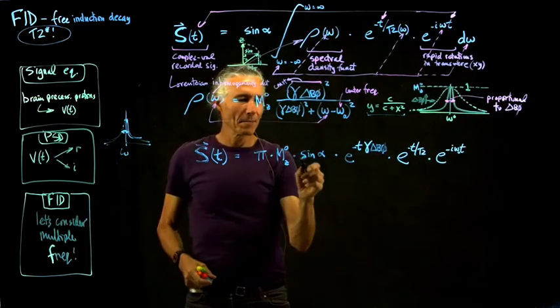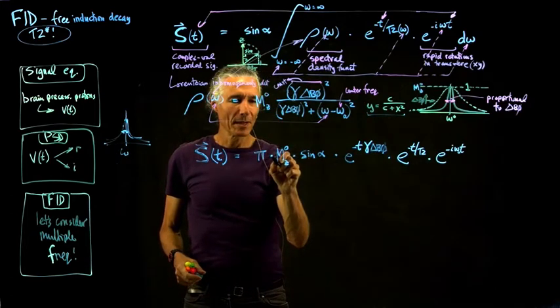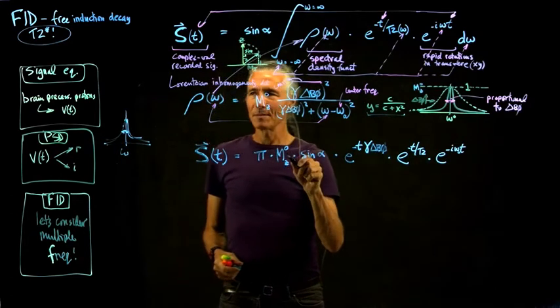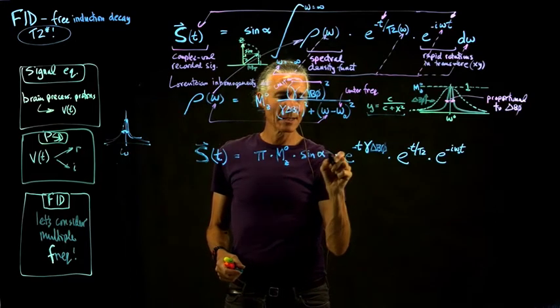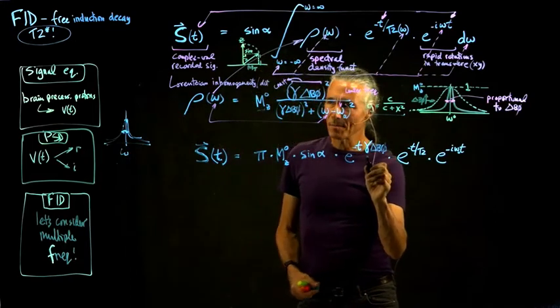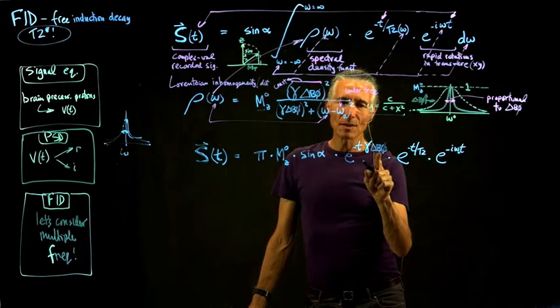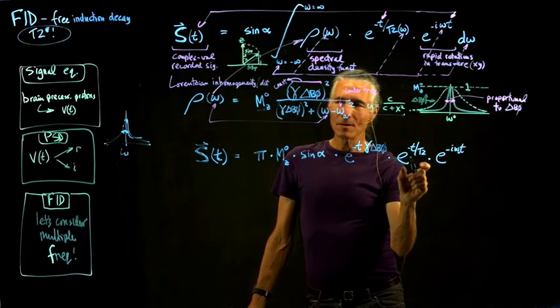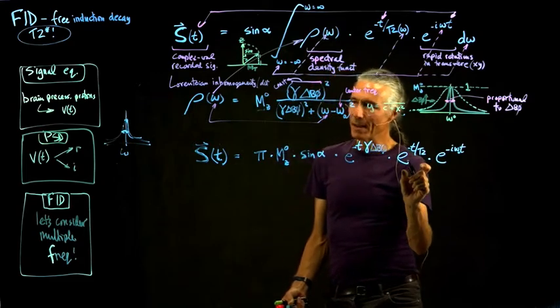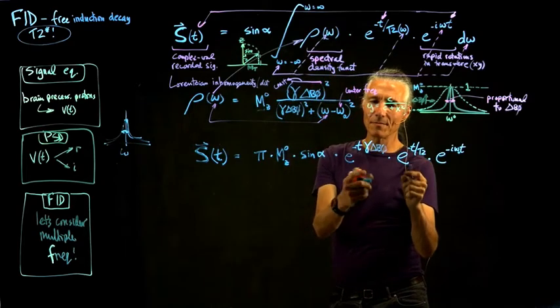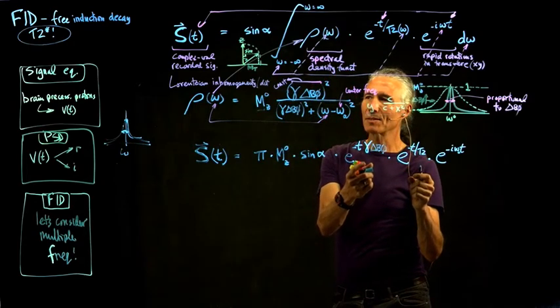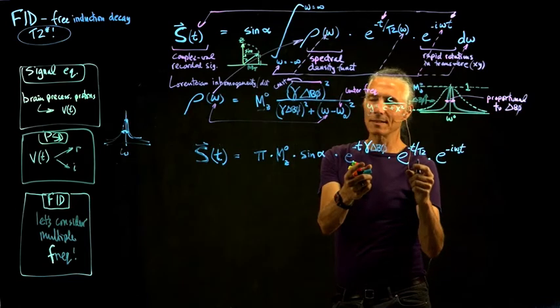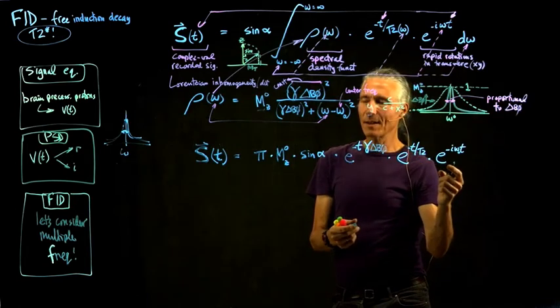So we basically get pi is a constant, Mz0 is a constant, sine of alpha is a constant, a certain amount of decay due to the width of the frequencies, and a certain amount of decay due to T2 decay. We'll say what the difference between these two is. This is the star part of the T2, and this is the T2. And then we've got the fast oscillations.